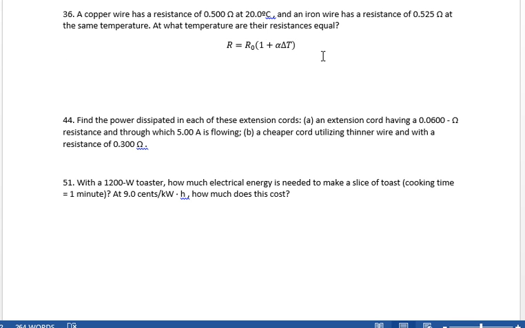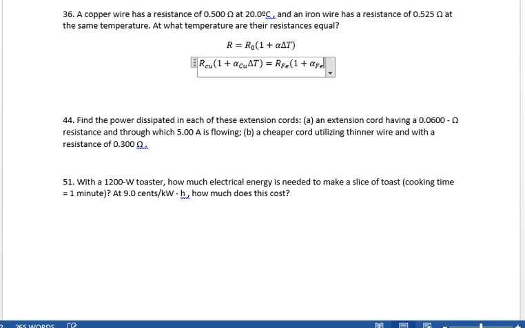We want these resistances to be equal. So we want R copper times 1 plus alpha copper times whatever the change in temperature is to be equal to R iron times 1 plus alpha for iron, the temperature coefficient of resistivity, delta T.